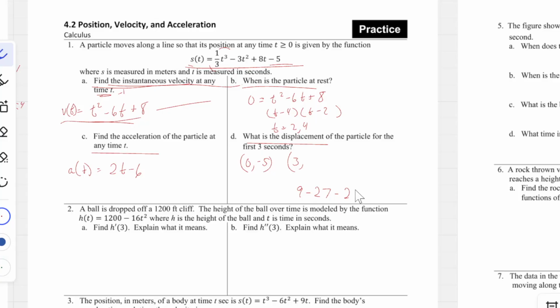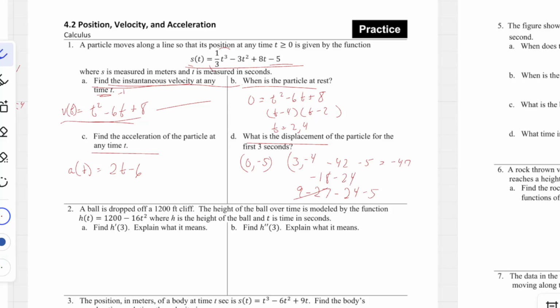Math. It's 5. So that's -18 minus 24. So much work. Minus 42 minus 5 is -47.